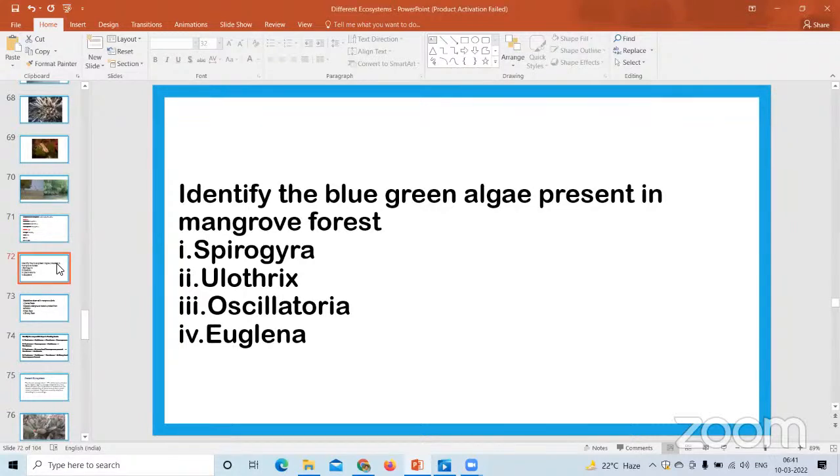The options are Spirogyra, Ulothrix, Oscillatoria, and Euglena. What is the correct answer, children? Multiple answers. Three. Anurag is saying 3. A and C.